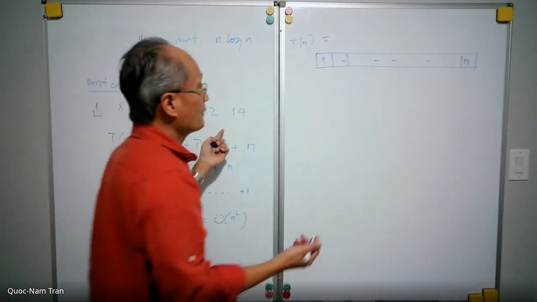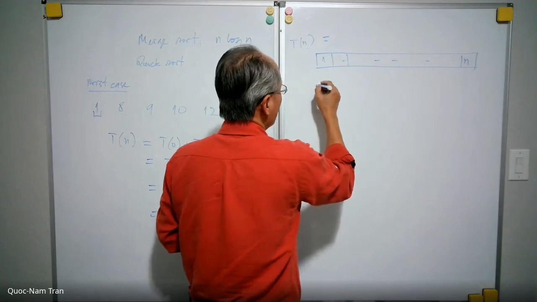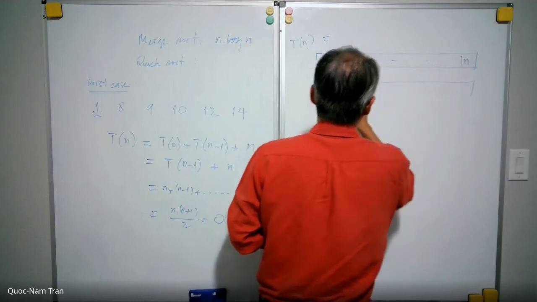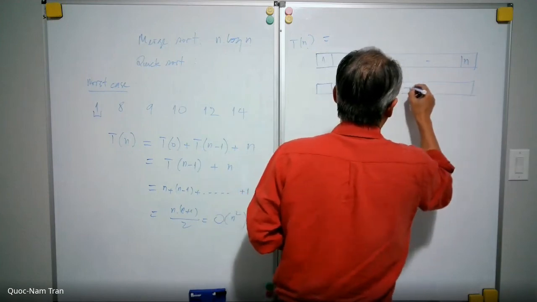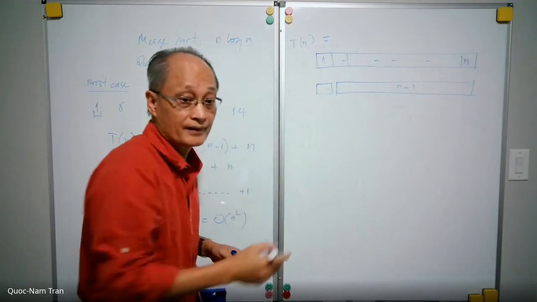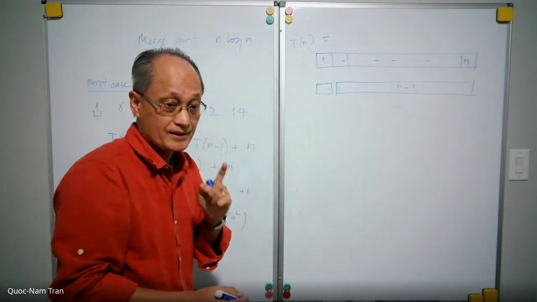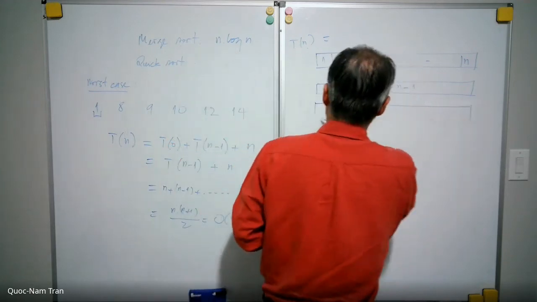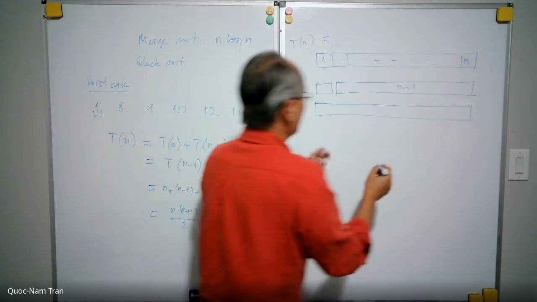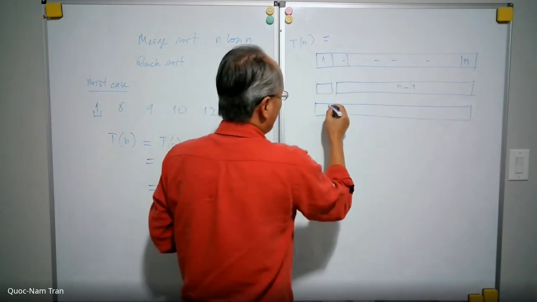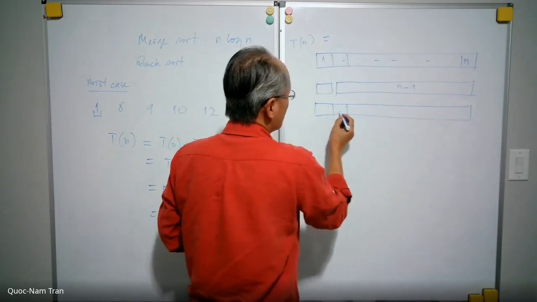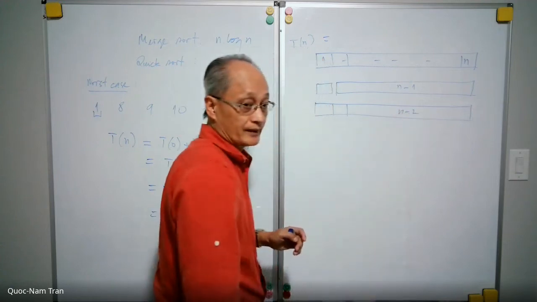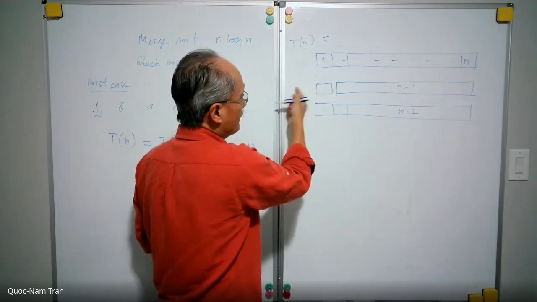So meaning we have 0 elements on the left and then n minus 1 on the right. And this one is the pivot, right? So it's one case. The second case is that you have on the left one element. Here's the pivot. And then here you have n minus 2 elements, right?